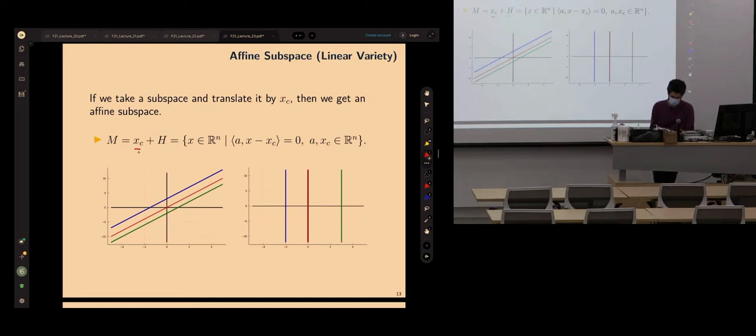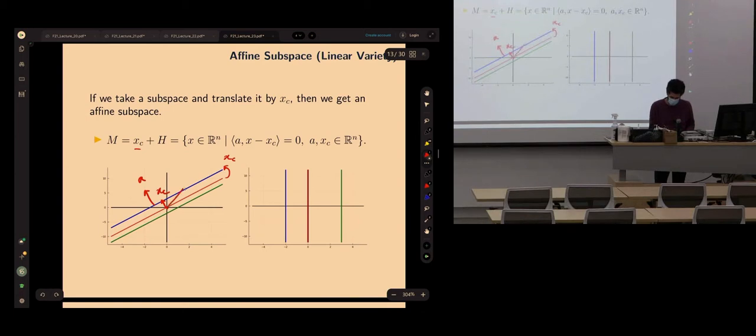Now, when you translate the hyperplane, for example, this blue line to the red line, we talked about it. You have your normal vector, this is xc, right?